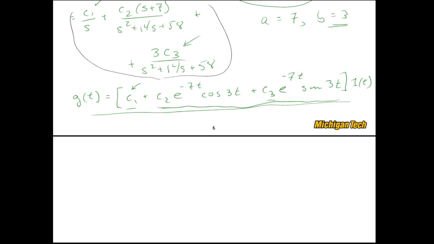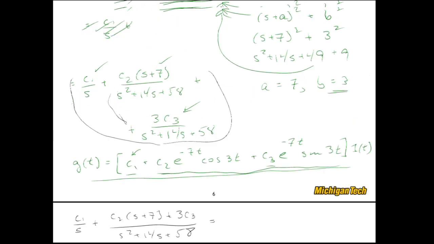What we'll do is we'll realize that C1 over S plus, I'm going to combine these up, C2 S plus 7 plus 3C3 over S squared plus 14S plus 58.